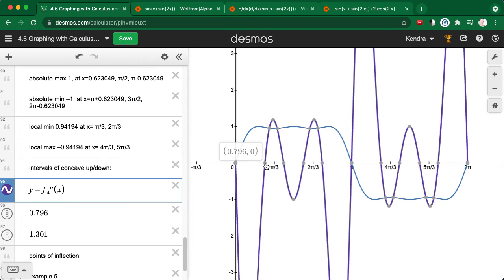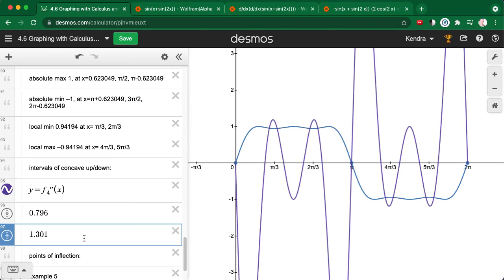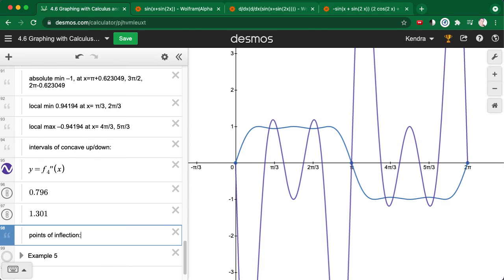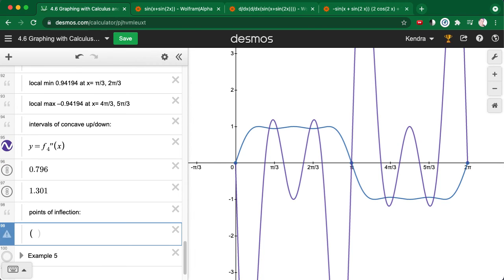Did I get those right? 0.796 and 1.301. Okay, so I'm just going to put in the points of inflection here.